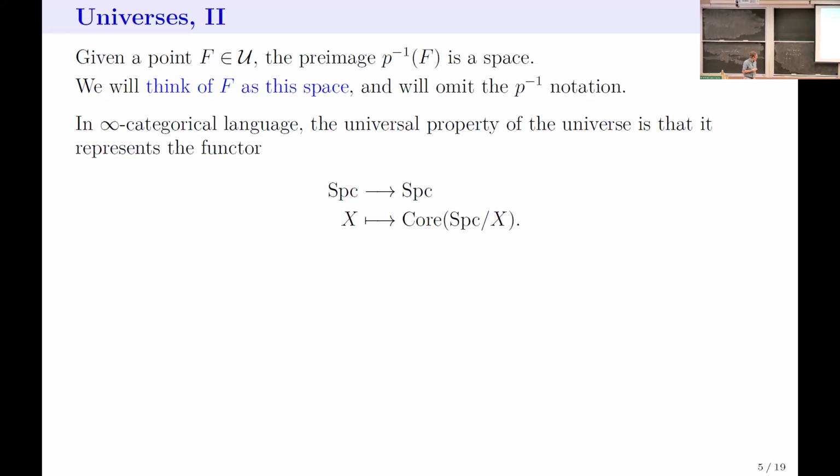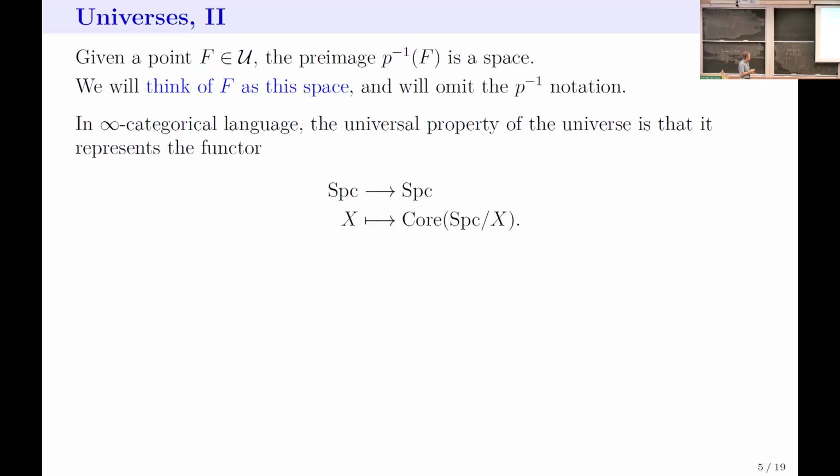Given a space X, I have to use infinity category language to get this to work out right. I can look at the slice category of spaces. So I'm taking all spaces with a map to X. And inside that category, where the morphisms are commuting triangles, I take just the invertible maps, so that's the core notation. And that's now an infinity groupoid, which can be thought of as a space. And this gives you a contravariant functor from spaces to spaces, and the universe represents that functor.